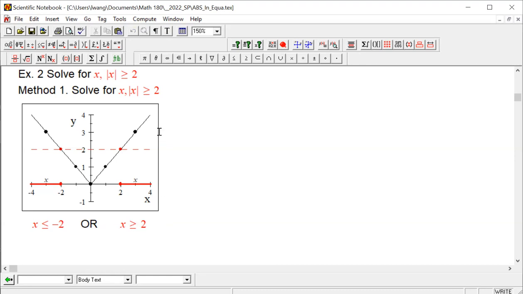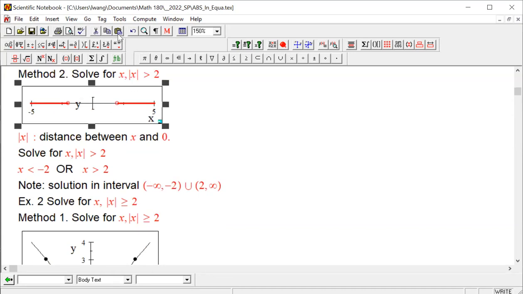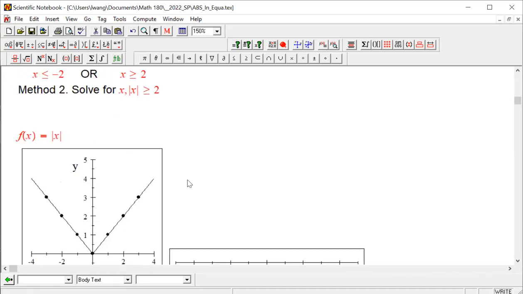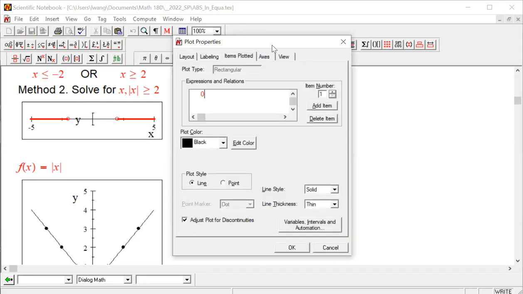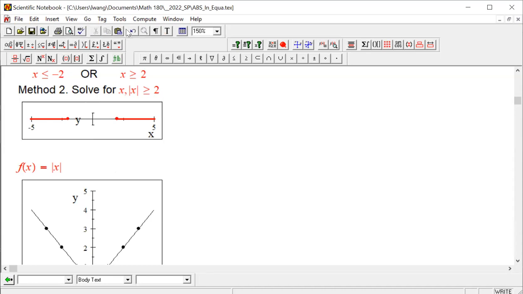On the second method, for the same question, if we use the definition, everything will be the same, but the circles will turn into dots. There we go. So that's a solution.